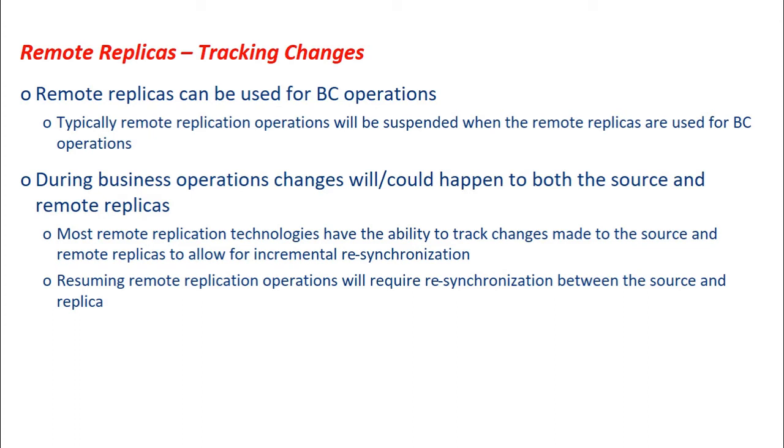Most replication technologies have the ability to track changes made to the source and remote replicas to allow for incremental resynchronization. Resuming remote replication operations will require resynchronization between the source and the replica.